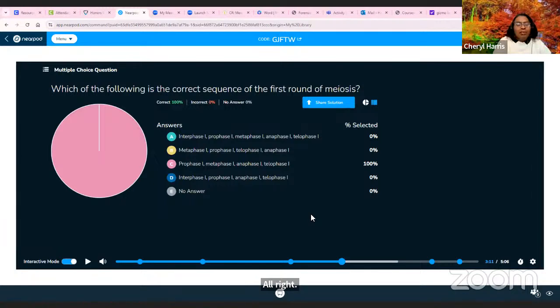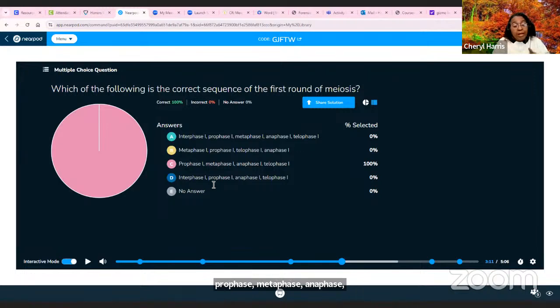All right, so again, PMAT. And remember interphase, so what makes D wrong is interphase is really not part of mitosis. So again, remember that it does mitosis first, and then it's going to do something different, but it's going to do the same stages. So prophase, metaphase, anaphase, telophase.